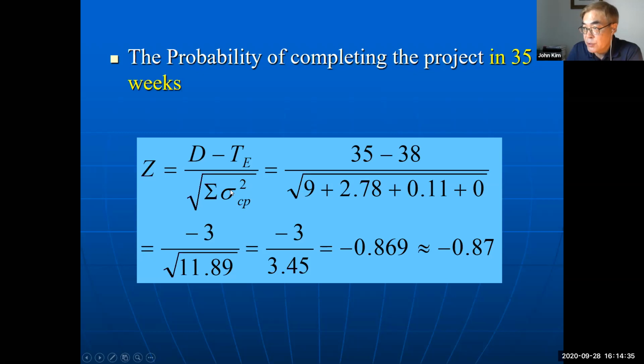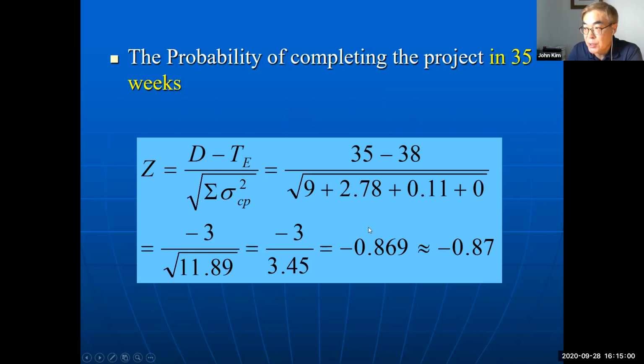So the variances on the critical path are 9 plus 2.78 plus 0.11 plus 0 equals 11.89. Negative 3 divided by the square root of 11.89 equals negative 3 divided by 3.45.